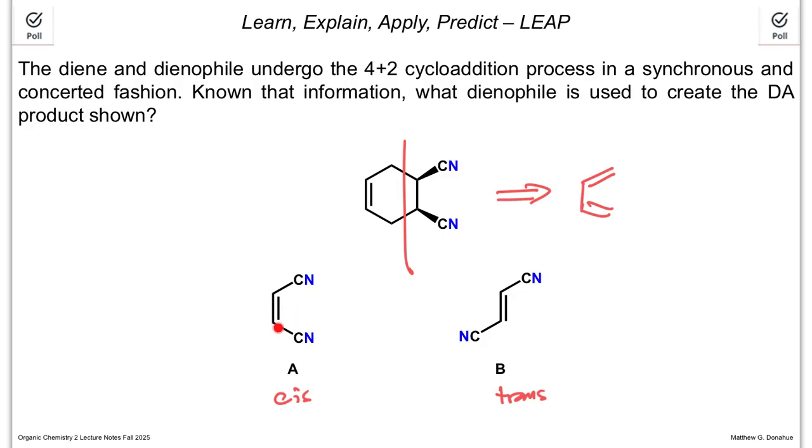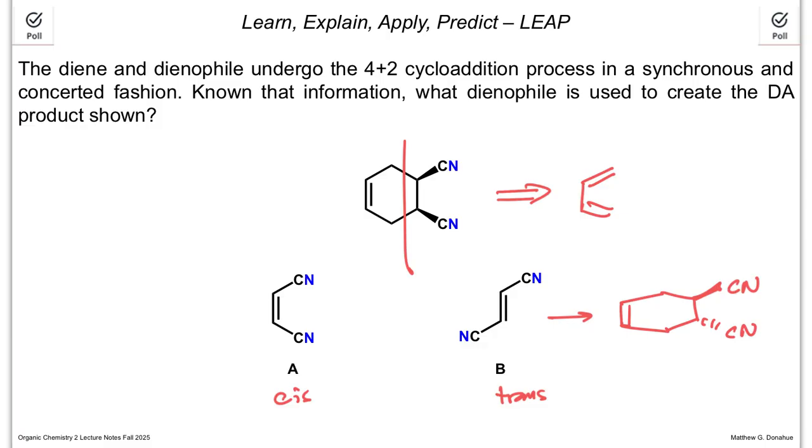This bond can't rotate and then have a cyano group be on the opposite face in the product. So if B was used as the starting material, the product would be that. One would be a wedge, one would be a dash.